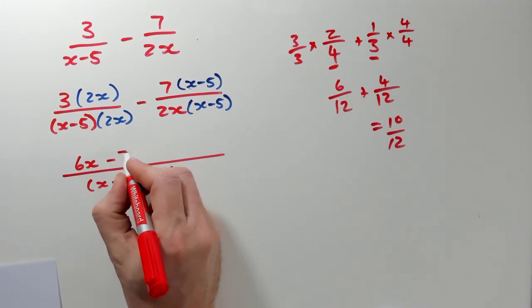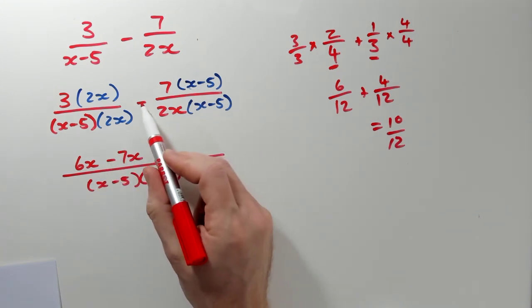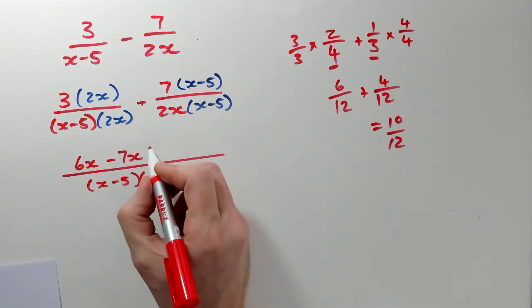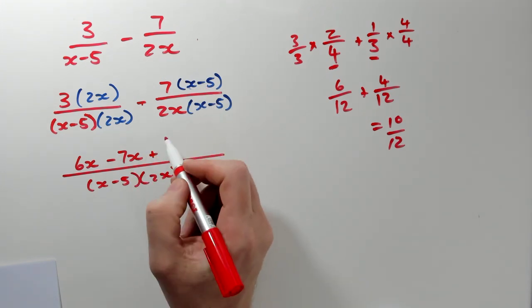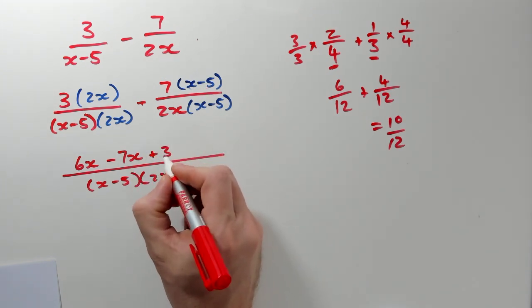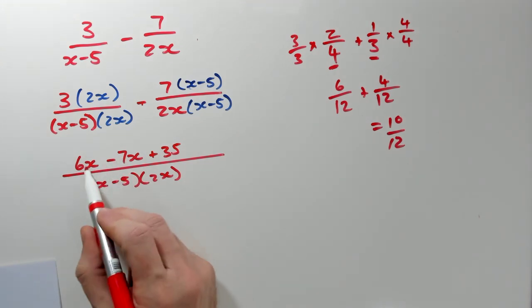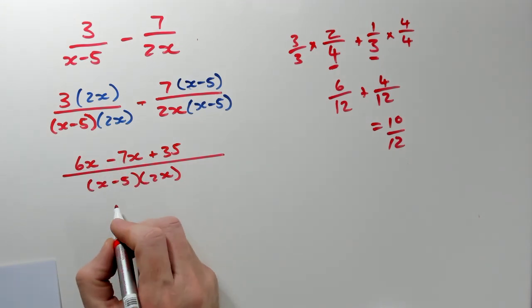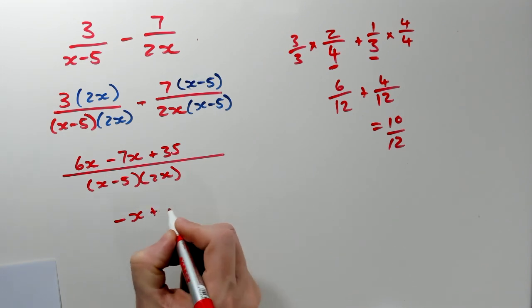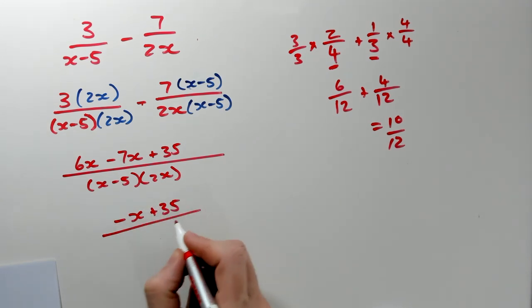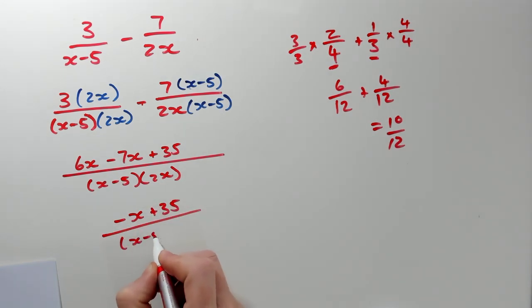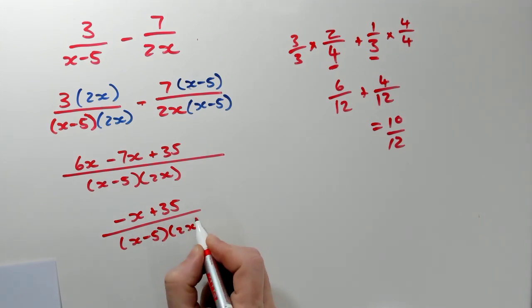So that's negative 7x. And it's negative 7 times negative 5, so negative times negative is a plus, and that's going to be 35. And these are like terms. So I'm going to be left with negative x plus 35 all over x minus 5, 2x.